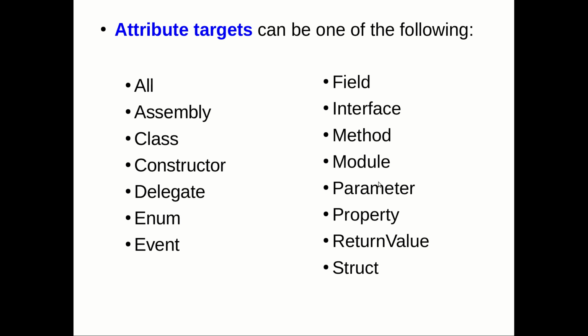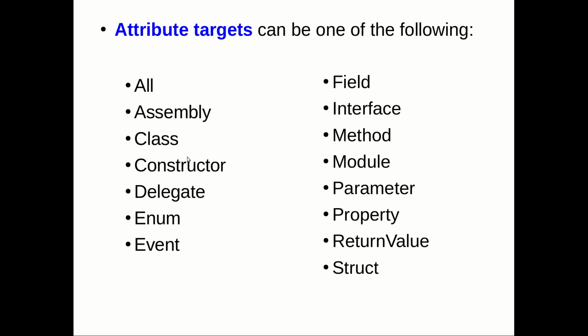Now, these are the kinds of targets you can have for the attribute. So your attribute targets can be all the elements that you are going to use in your program. Or you can have one assembly as the target, or even the classes that you are going to declare in your program can be a target, or you want to have only the constructor.